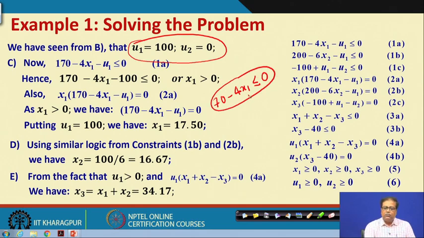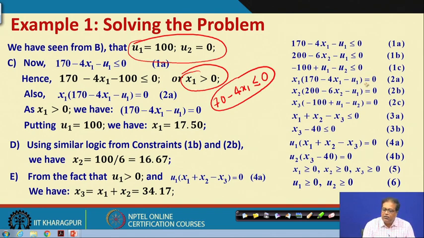Now, just assume x1 equal to 0. If x1 equal to 0, then 70 should be less than equal to 0, which cannot be. So, because look here, x1 is greater than equal to 0, but x1 cannot be 0. So x1 is greater than 0. Really speaking, we have proven x1 is not equal to 0, so x1 is greater than 0.